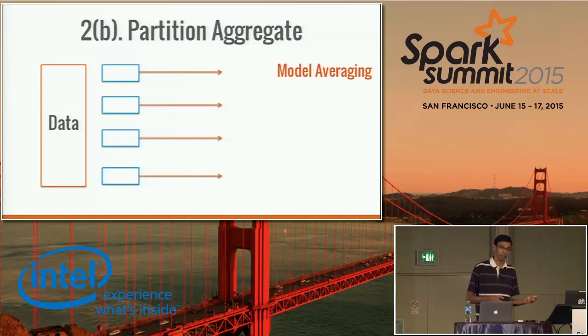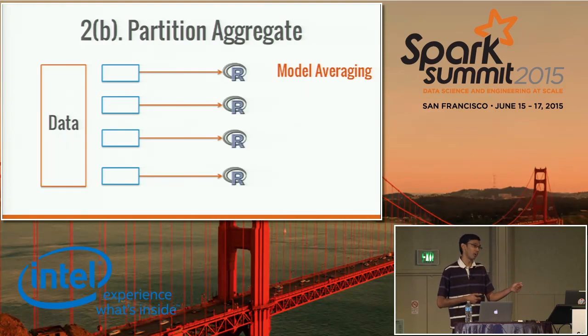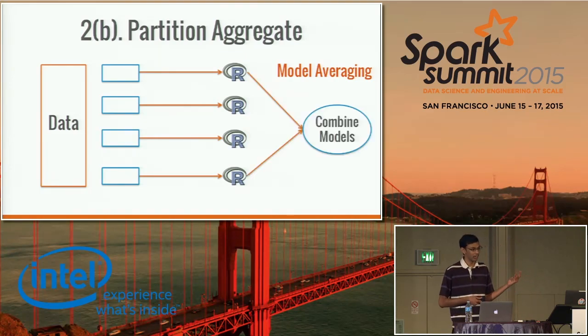So in such a use case, what people typically do is you again do some pre-processing on your data, but after you've done the pre-processing, you either use resampling or you use partitioning to create a large number of partitions from your data set, and then you want to train a model on each of these partitions that you've created. Similar to the previous workflow, there is an aggregation step at the end of it. And the aggregation step in this case could be combining the models together if you're doing something like model averaging.